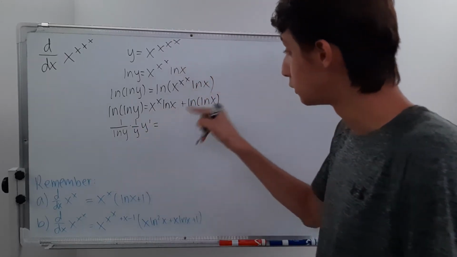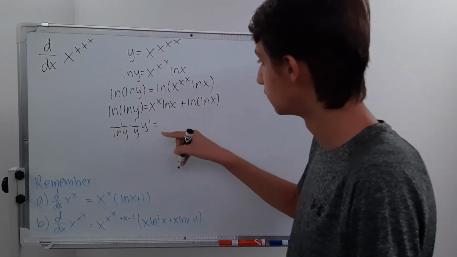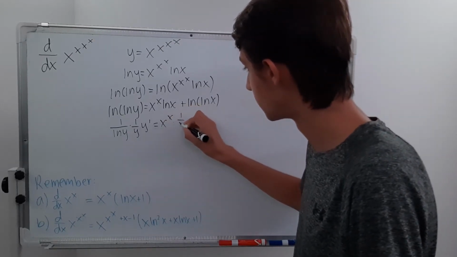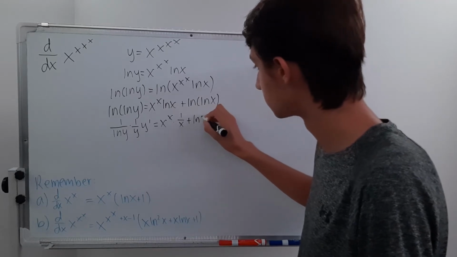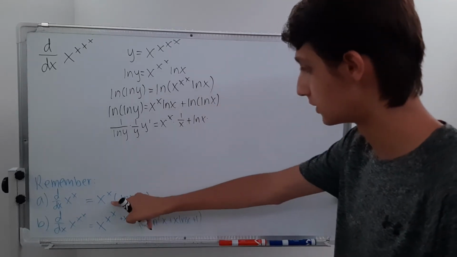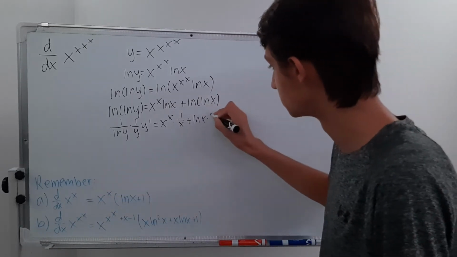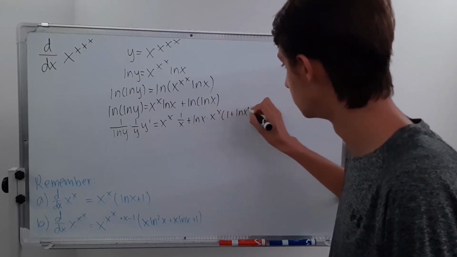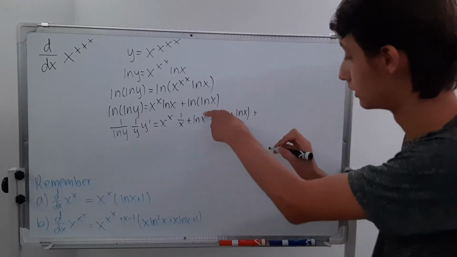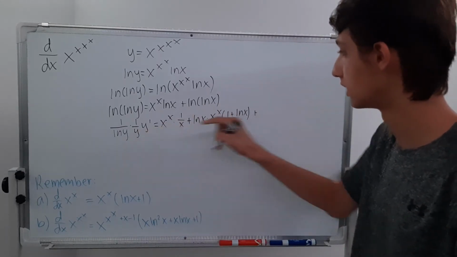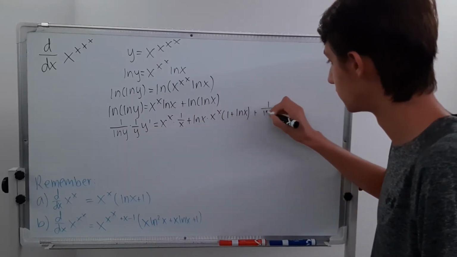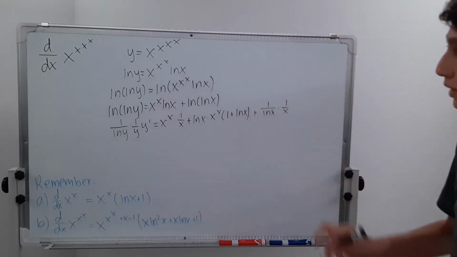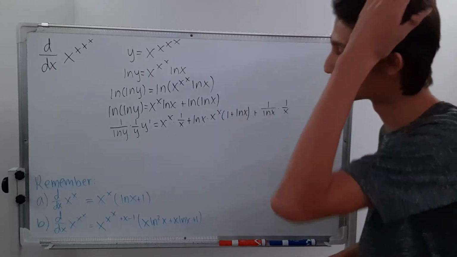That's going to be equal to x to the x times 1 over x plus ln x times now the derivative of x to the x, which is simply just x to the x times 1 plus ln x. Okay, and then we're going to add to this pretty much the same thing as that. So 1 over ln x times 1 over x. Okay, so that's pretty straightforward there.